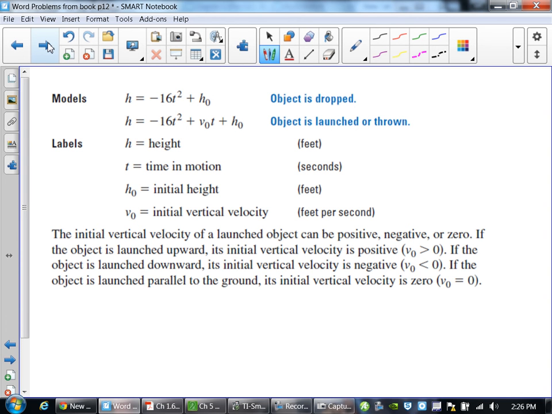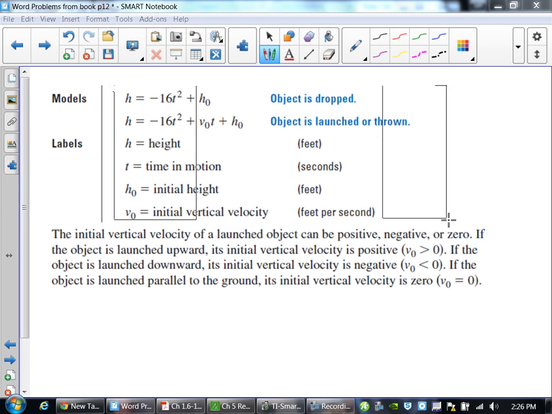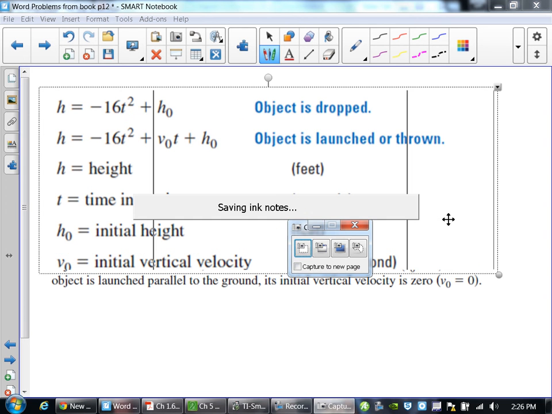So the difference between the two is a drop and a throw. If an object is just dropped, or if an object is launched, the cannon had some velocity to go outward. You wind up with how the problem sets it up, and they're really very easy to work with.